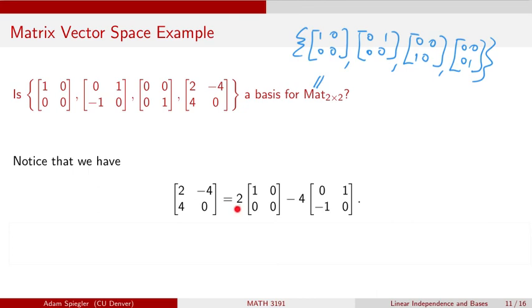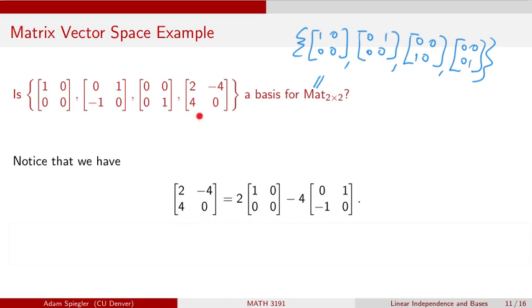We can write this as 2 times the very first matrix that I have here, 1, 0 in the top row and 0, 0 in the bottom row, minus 4 times the second vector in this set, which happens to be the matrix that has a top row of 0, 1 and a bottom row of minus 1, 0. If we combine these vectors as scalar multiplication and matrix addition are defined in this vector space, then we would get back the matrix with 2, minus 4 in the top row and 4, 0 in the second row.